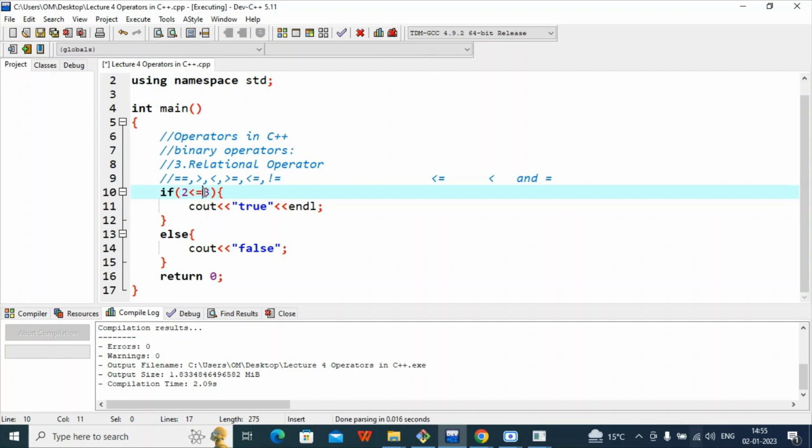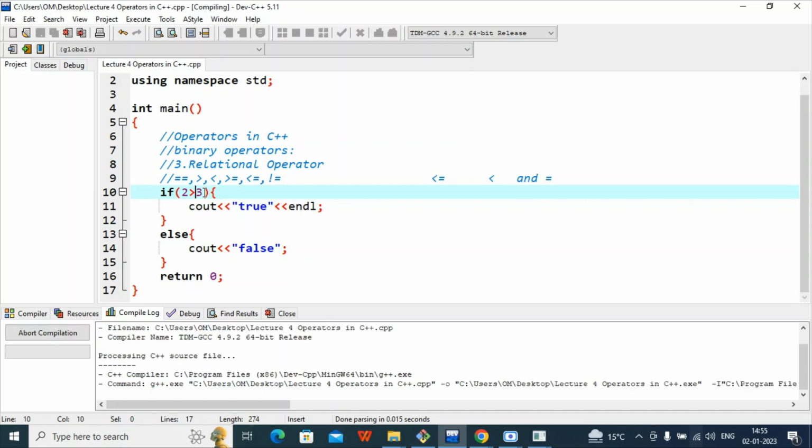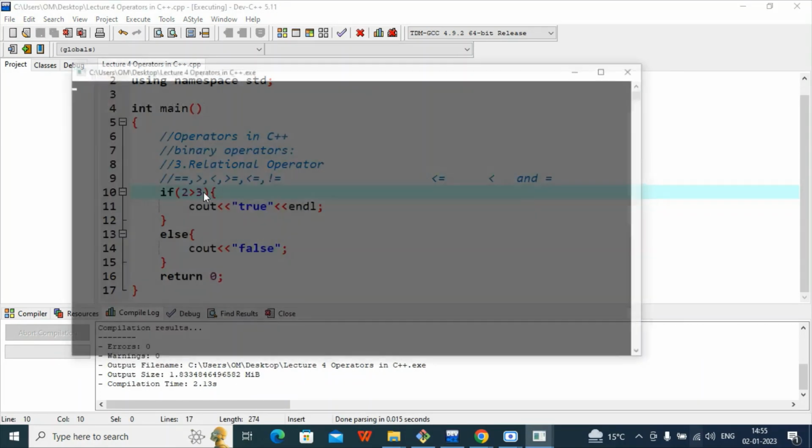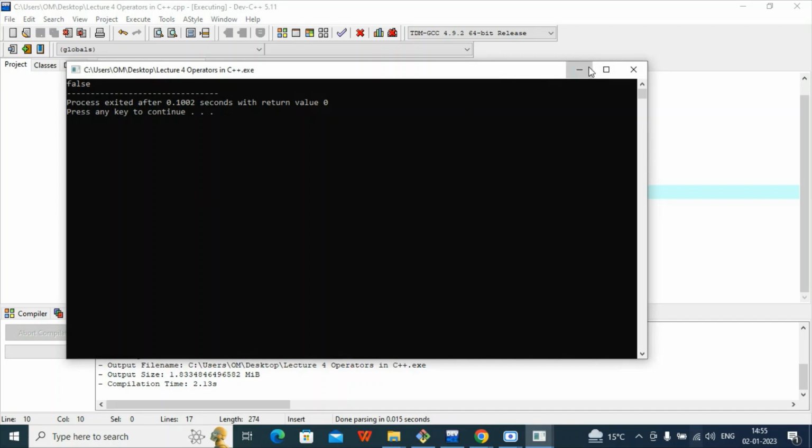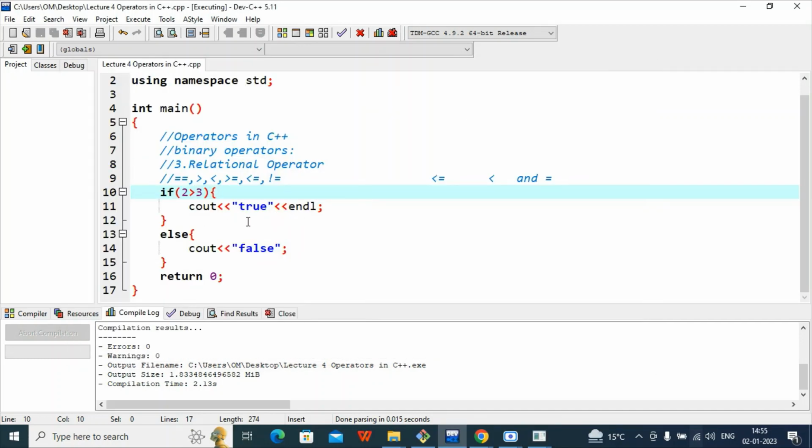One is right. We covered less than equal to and greater than equal to. If I ask you 2 greater than 3, it will give you false, because 2 is not greater than 3, right?